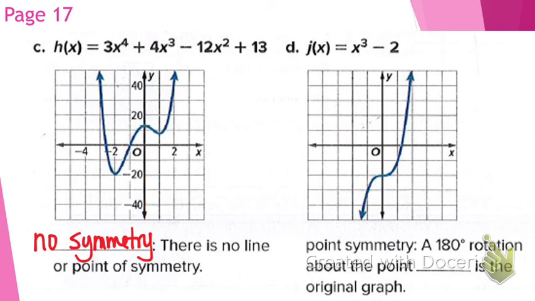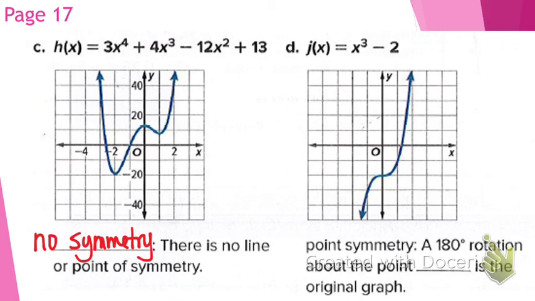And there isn't any place that I can draw a line and get symmetry. If I move it over, it still doesn't match. If I try to rotate it 180 degrees, it's just going to be upside down, and that doesn't look the way it originally did. So this graph does not have any symmetry.